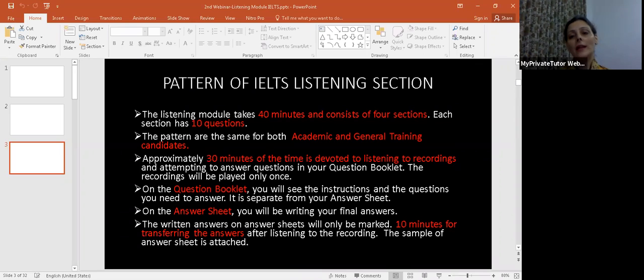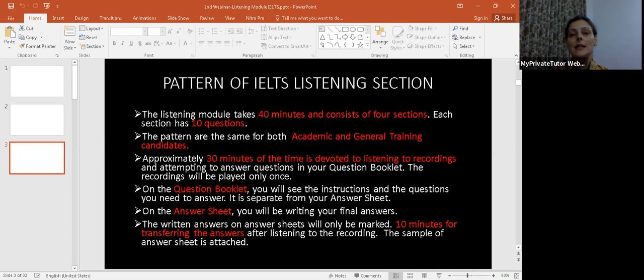The pattern of the IELTS listening section. How is the IELTS listening section going to be? There is going to be a recording, and it is all focused on listening. You may have headphones, and the recording is going to be heard by you, or maybe a tape recorder is going to be played in front of the whole class or all the candidates, and you're going to listen to that.